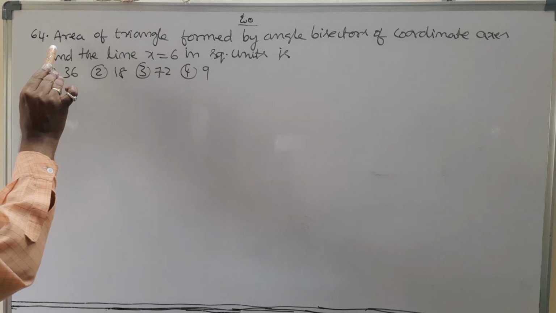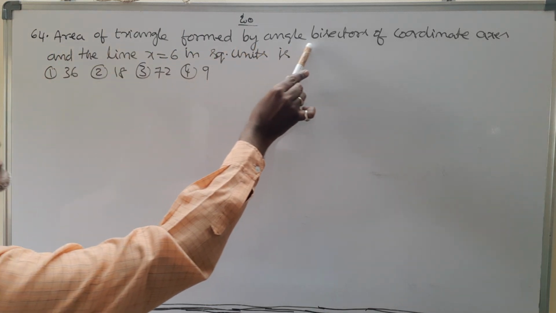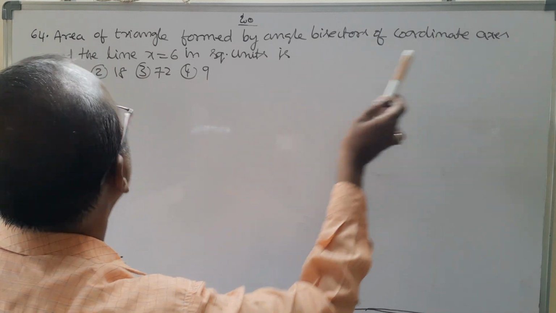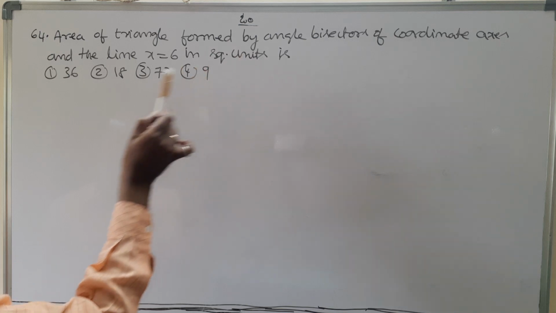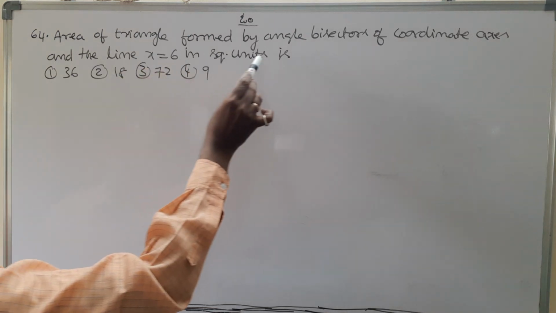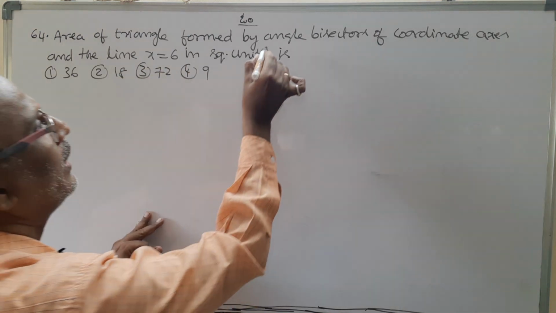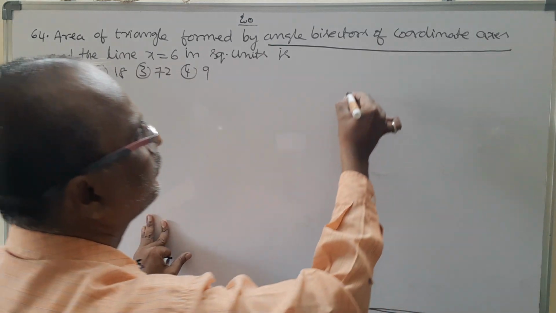Question number 64. The area of the triangle formed by the angle bisectors of the coordinate axes and the line x equal to 6 in square units. Here are the four options. In this question, the triangle is formed by the angle bisectors of the coordinate axes.